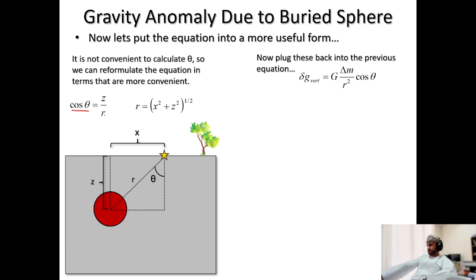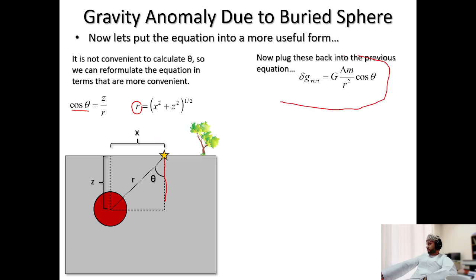As I said, it is Z, which is the adjacent, المجاور, over the hypotenuse, الوتر, which is R. And from the Pythagorean theorem, we know that R squared is equal to X squared plus Z squared. This is how we can know what R is.